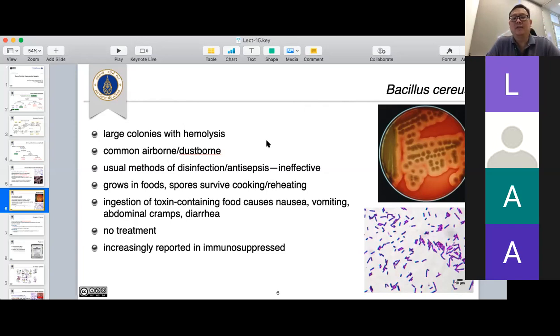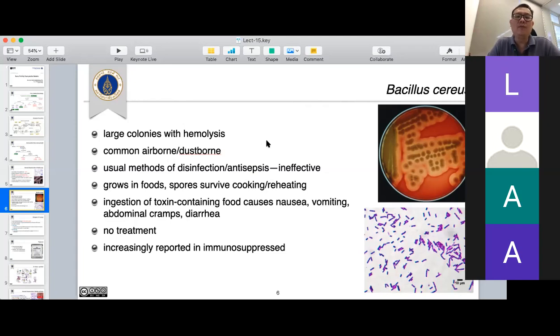The usual methods of cleaning, antiseptic, and disinfectant do not work for Bacillus cereus. They tolerate that because they produce endospores. Even when the cell dies, the spore remains. But if you let time pass, Bacillus cereus can hatch from the spore. That means regular methods do not work for the Bacillus group.